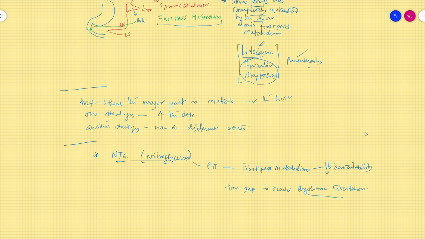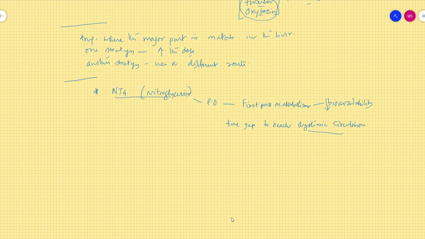So what's the strategy that is used for nitroglycerin? Because of this presystemic metabolism, yes, it is administered sublingually. What is sublingual? Lingua means tongue, sub means under, so under the tongue.